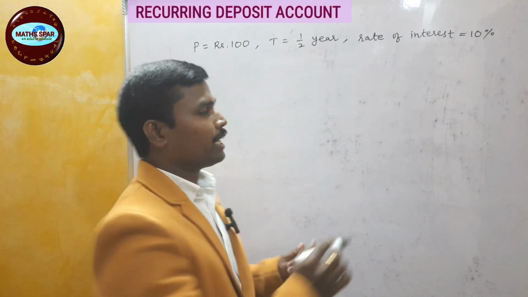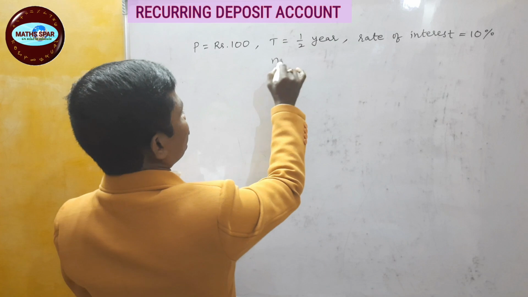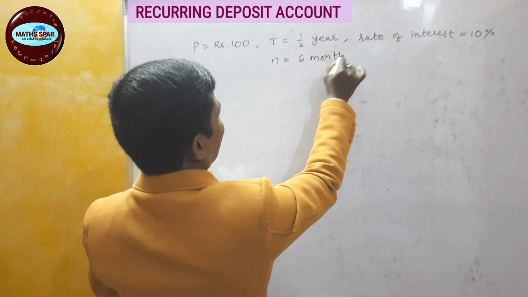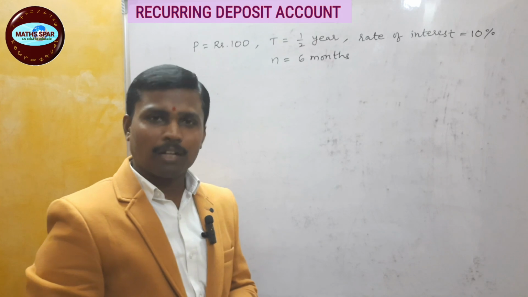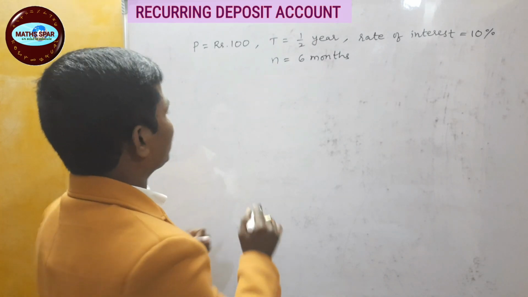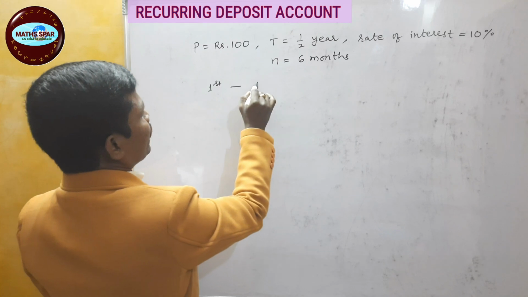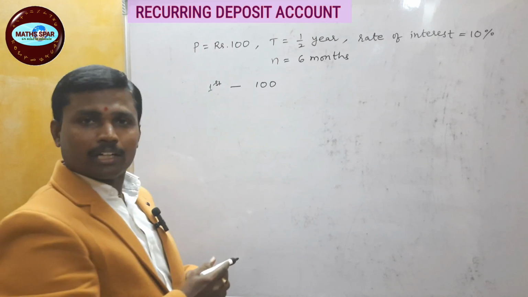First thing to do is change the time from years to months, that is N is 6 months. Then you see first month the investor is depositing 100 rupees.